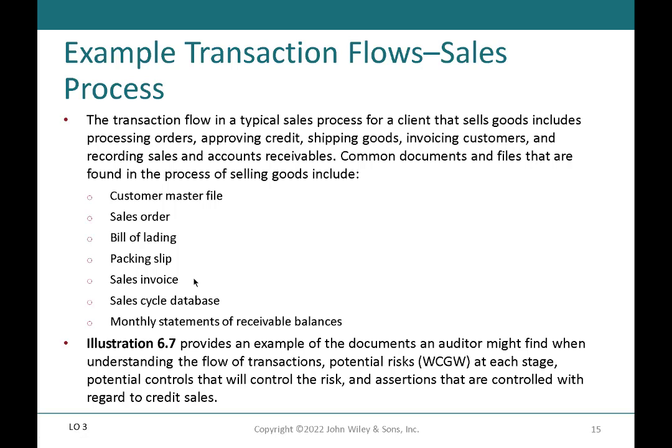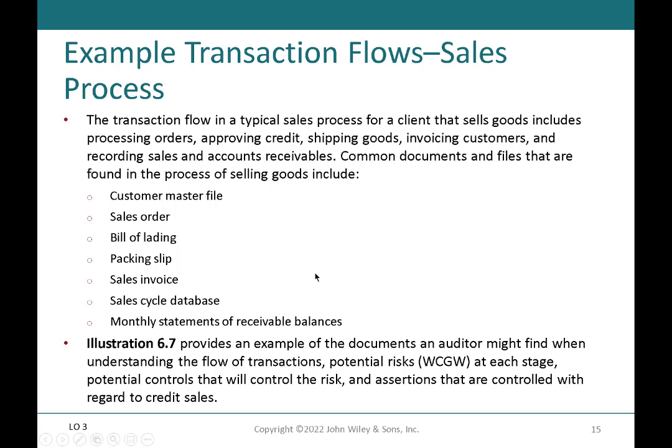And all the information about the sale itself, the payment, the accounts receivable information, all this is going to be included in a sales cycle database. And of course, there's going to be monthly statements of receivable balances and the aging of receivables that companies are going to want to analyze when thinking through their sales process and cash collections process.